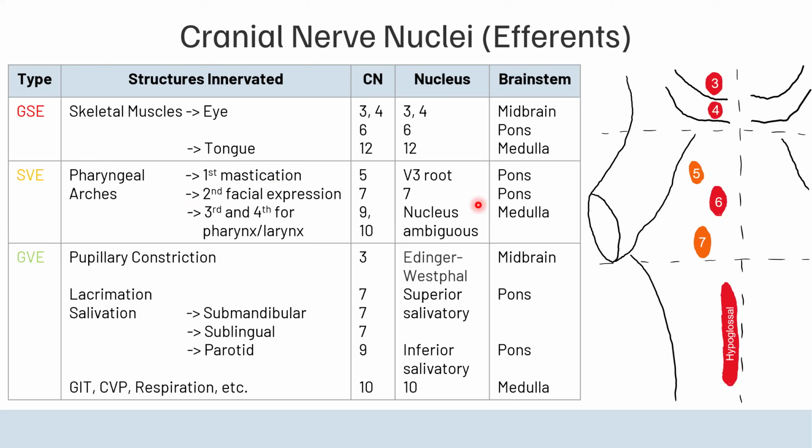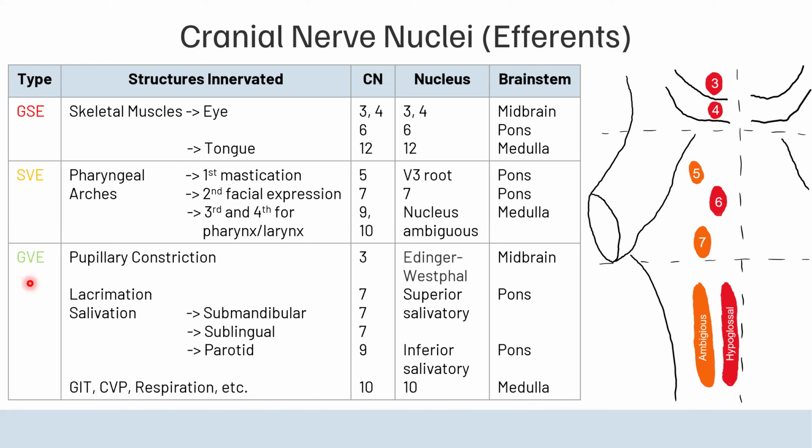That is also located within the pons, but as you guys can see, it is closer to the medullary junction. Lastly, we had our third and fourth pharyngeal arches, which were responsible for the pharynx and larynx, which were supplied by our cranial nerves 9 and 10, which shared a nucleus called the nucleus ambiguus within our medulla.